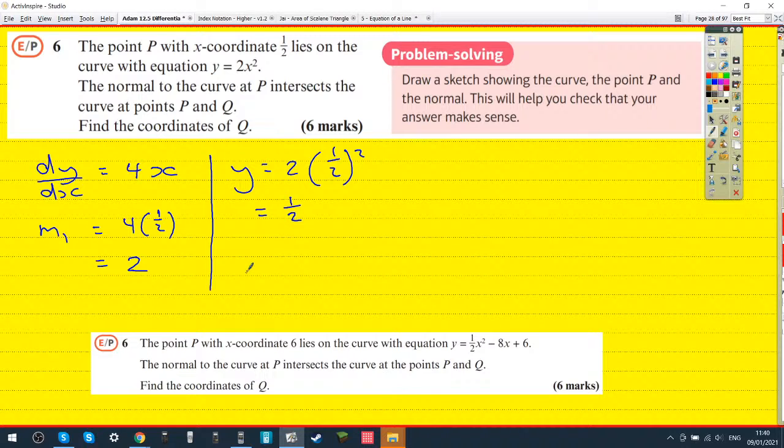So is that y? Mm-hmm. So a half equals m, which is 2. That is m1.